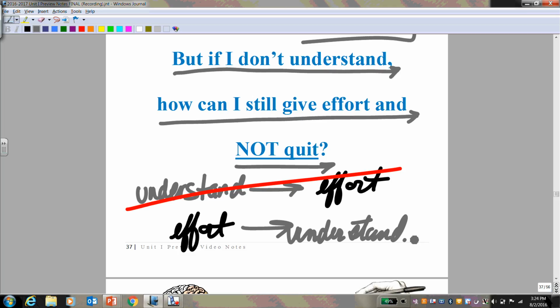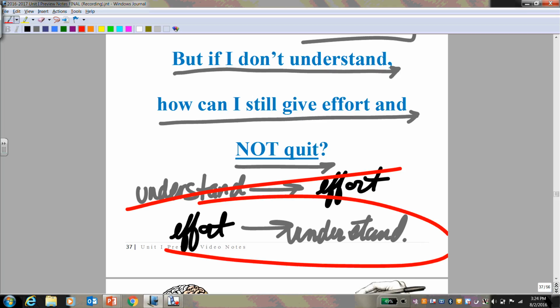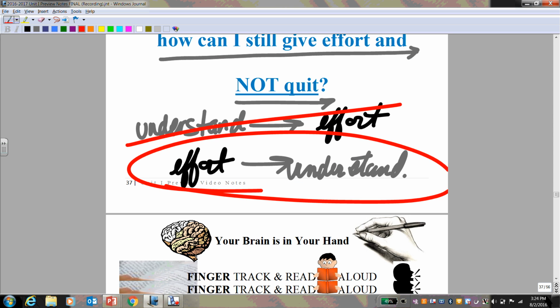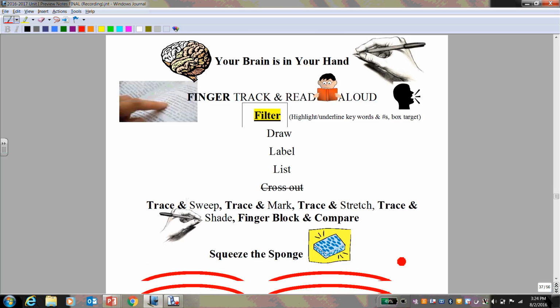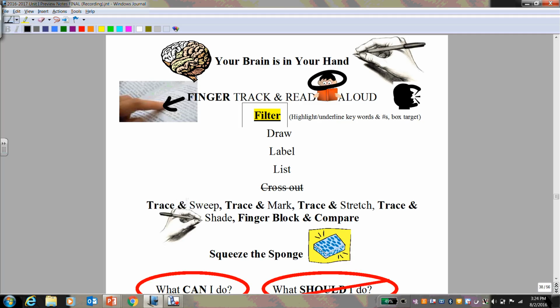That may seem very foreign to you. You're like, how can I give effort if I don't understand? That's what this page is for. How things you can do even when you don't know what to do. One of the first things is you're going to learn to read with 3 body parts. You read finger on the paper with your eyeballs and your lips moving. Then you filter. Draw a label list, cross out.